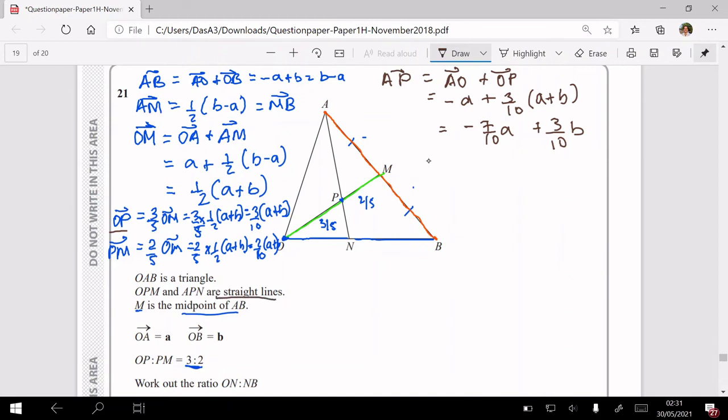Now here is the fact that you're going to use. APN is a straight line. So the vectors AP and AN are parallel and multiples of one another. APN is a straight line.